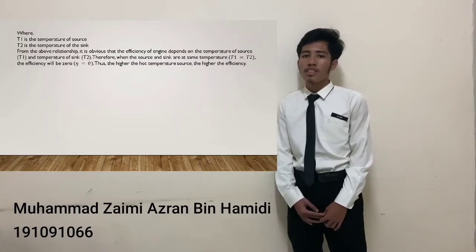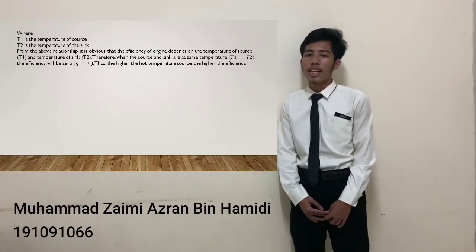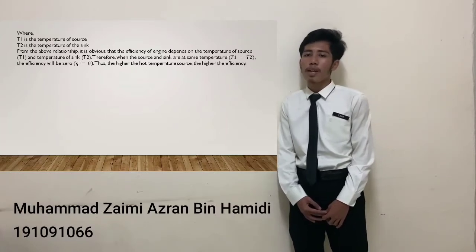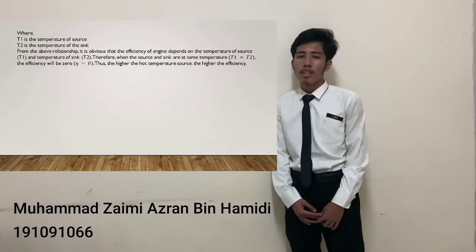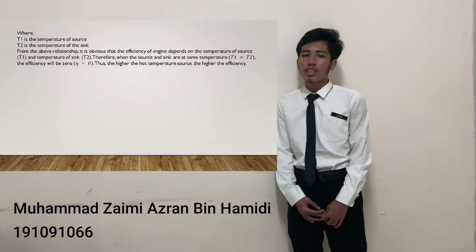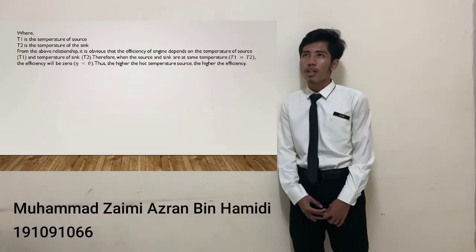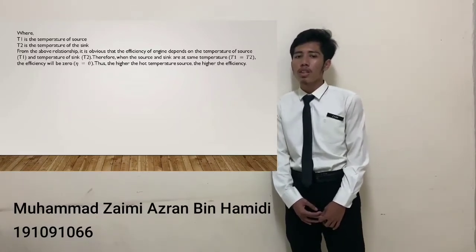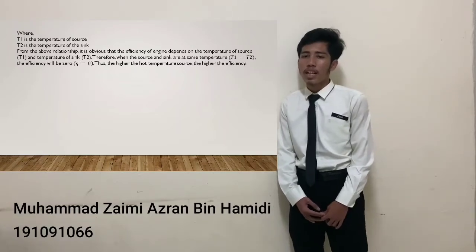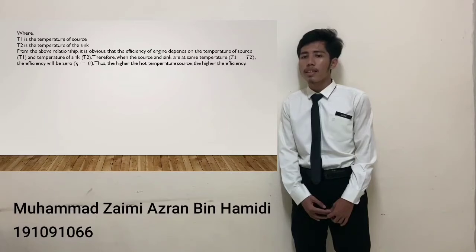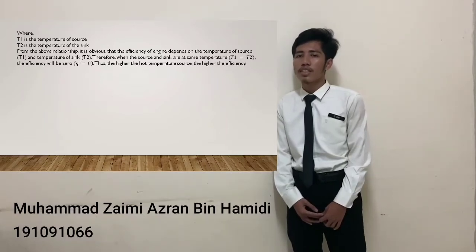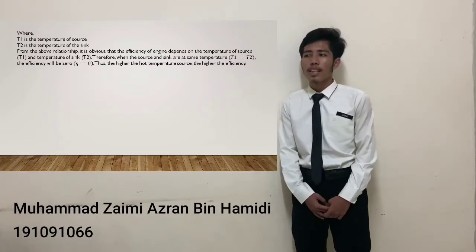From the above relationship, it is obvious that the efficiency of the engine depends on the temperature of source T1 and temperature of sink T2. Therefore, when the source and sink are at the same temperature, T1 equal to T2, the efficiency will be 0. Thus, the higher the source temperature, the higher the efficiency. That's all from me. Thank you.